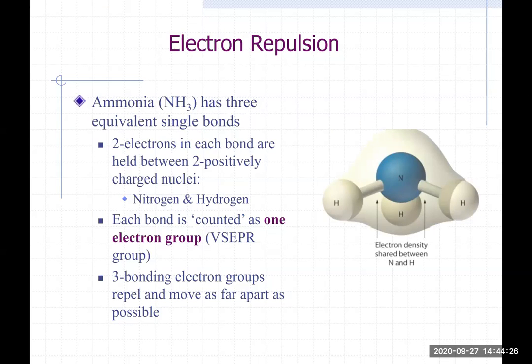In looking at electron repulsion and examining ammonia, let's just look at the Lewis structure of ammonia. So there's the Lewis structure of ammonia. We can see that there are 2 electrons in each bond.